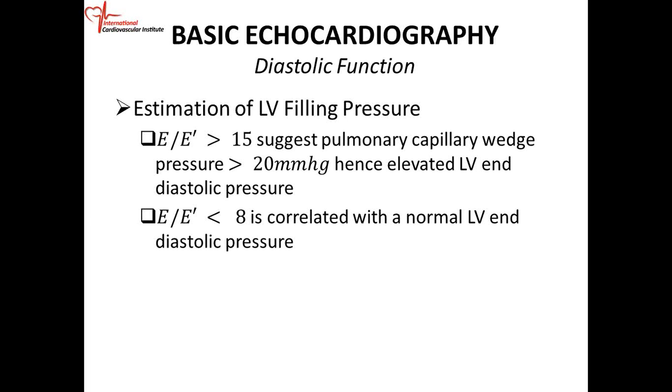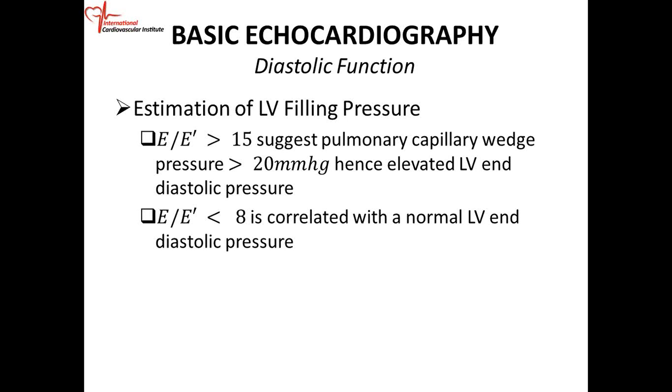Okay? In the intensive care unit or in the cath lab, we usually put catheters inside the heart and we can measure it. We call it the wedge pressure, that's one of the terms we use.